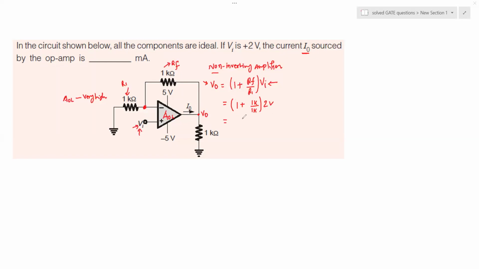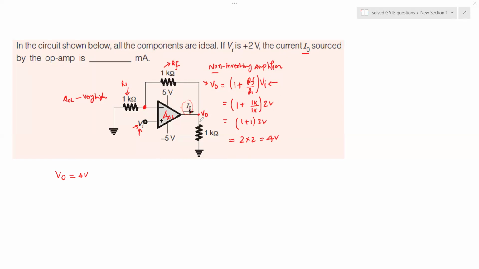So if you solve this, this goes about 1 plus 1 multiplied by 2, that is 2 times 2 is equal to 4 volts. So your output voltage is 4 volt. So how to get the value of I naught? We want to know the value of I naught actually.